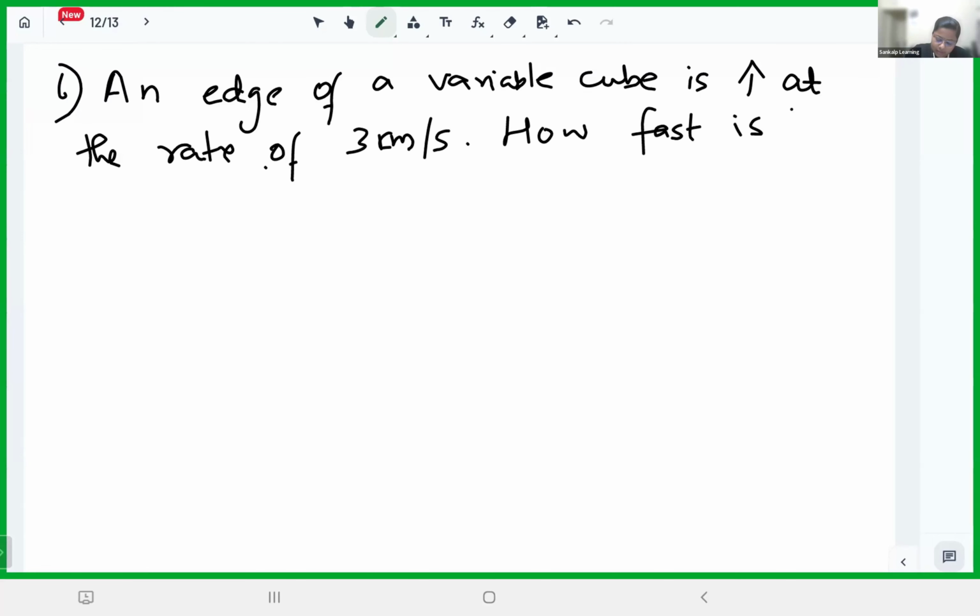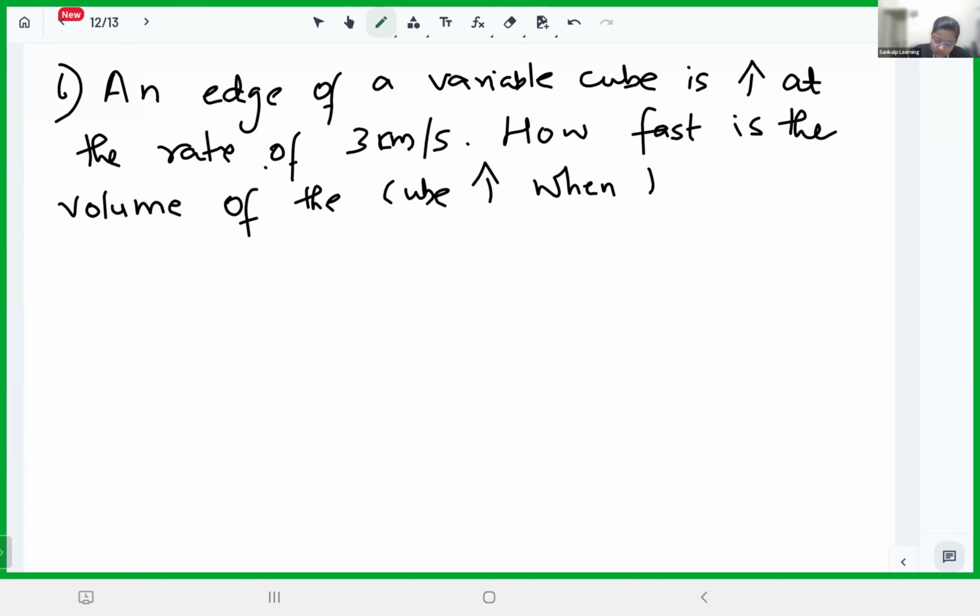How fast is the volume of the cube increasing when the edge is 10 centimeter long?